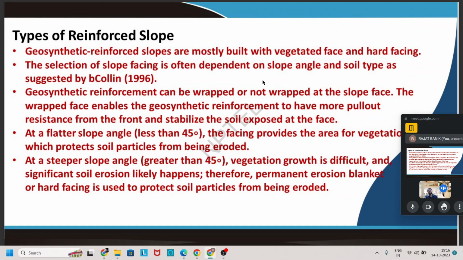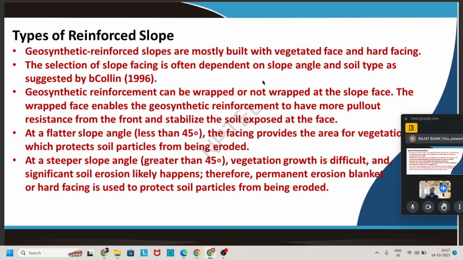Now we discuss the types of reinforced slope. What are the different types of reinforced slope? It is said that geosynthetic reinforced slopes are mostly built with vegetative face and hard facing.